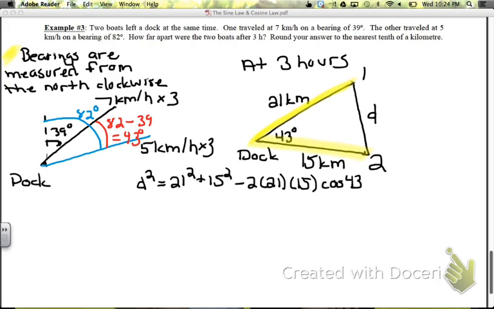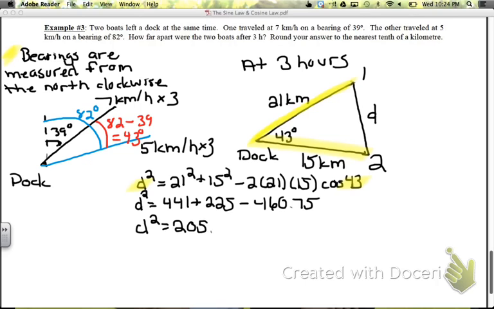Again, remember, this side d is the corresponding side to our angle 43. So what I'll have is d squared is equal to 441 plus 225 minus 460.75. So d squared will be equal to 205.25.